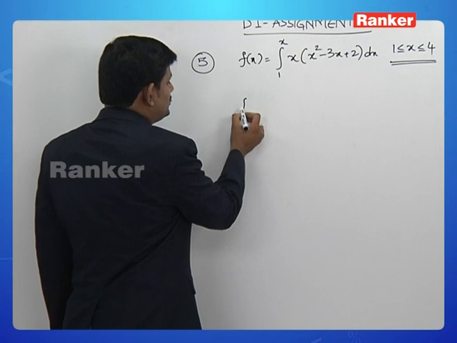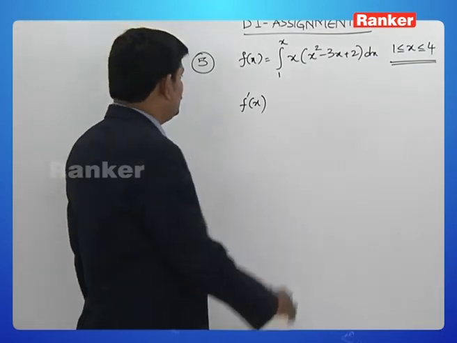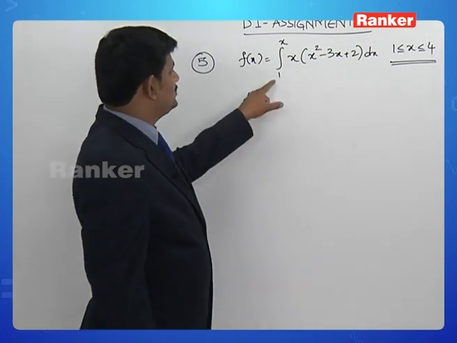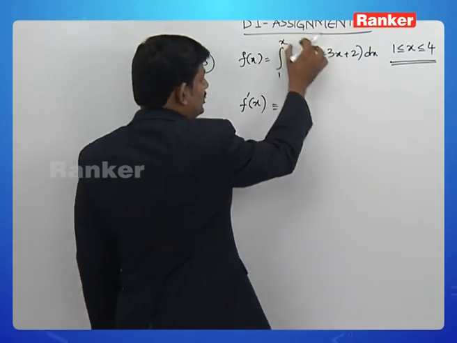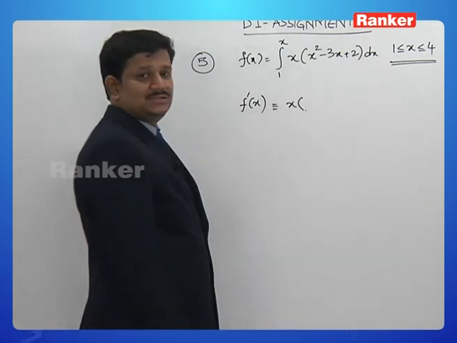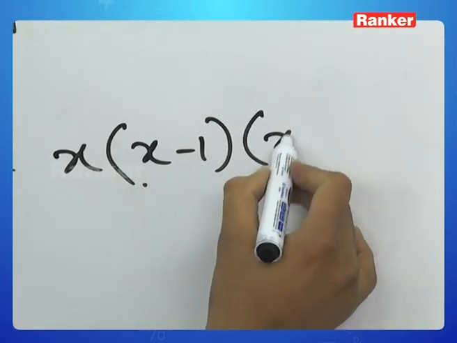To talk about range, let us look at monotonicity. Instead of finding the entire integral, let me directly find f dash of x. f dash of x by Newton-Leibniz theorem is the derivative of the upper limit, 1, into the integrand with this limit substituted: x square minus 3x plus 2, which we can factorize as (x minus 1) into (x minus 2).